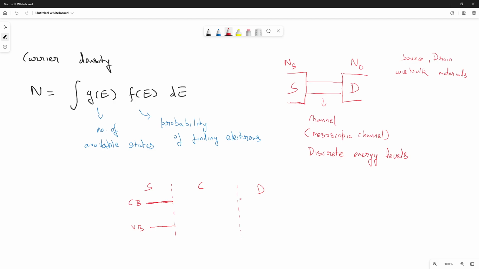Similarly, on the drain side, let me try to make this a straight line as much as possible. So I have the conduction band, and I have the valence band.